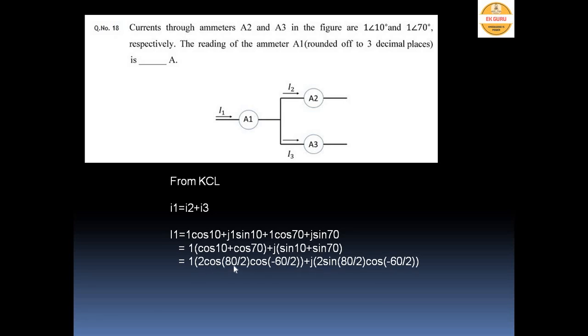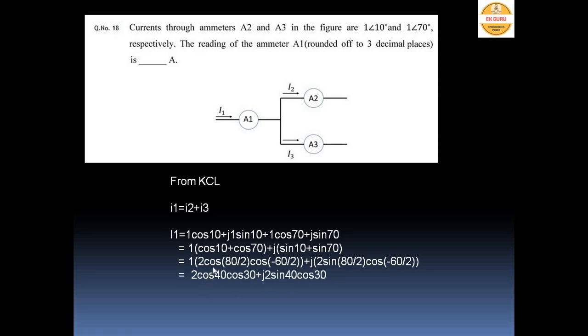So 2 cos of (70 plus 10) by 2, 80 by 2, cos of (10 minus 70) by 2, minus 60 by 2. Similarly, sin A plus sin B is equal to 2 sin of (A plus B) by 2 times cos of (A minus B) by 2. That's the formula. So 2 sin of (10 plus 70) by 2, 80 by 2, cos of (A minus B) by 2, minus 60 by 2.